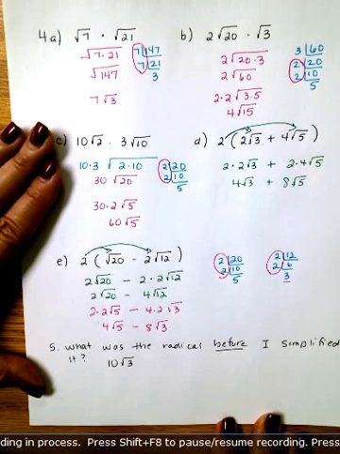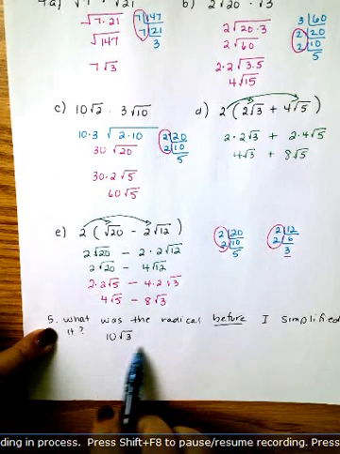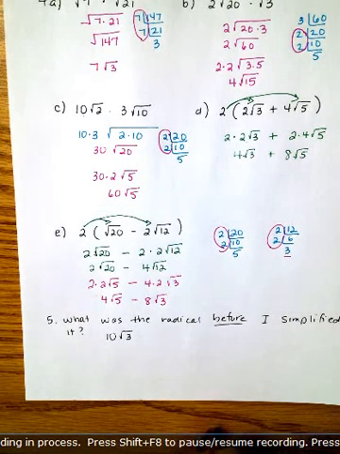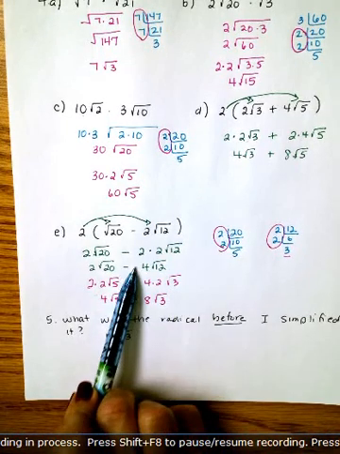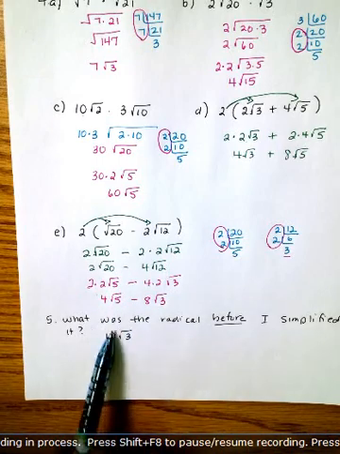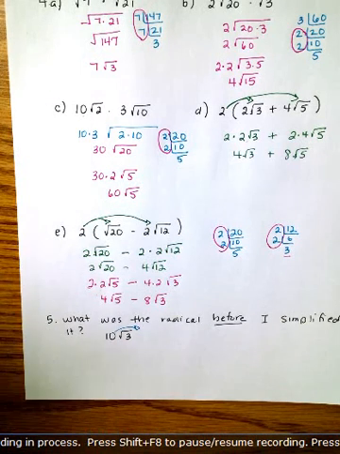So now we're looking at number 5. With number 5, it wants to know what I was before I simplified. Well, let's think about it for a second. When I was simplifying, I had to have a group of 2 to go outside to be 1. So that means that here, if I have 10 on the outside and he wants to go in, that means he had to be 2 on the inside.